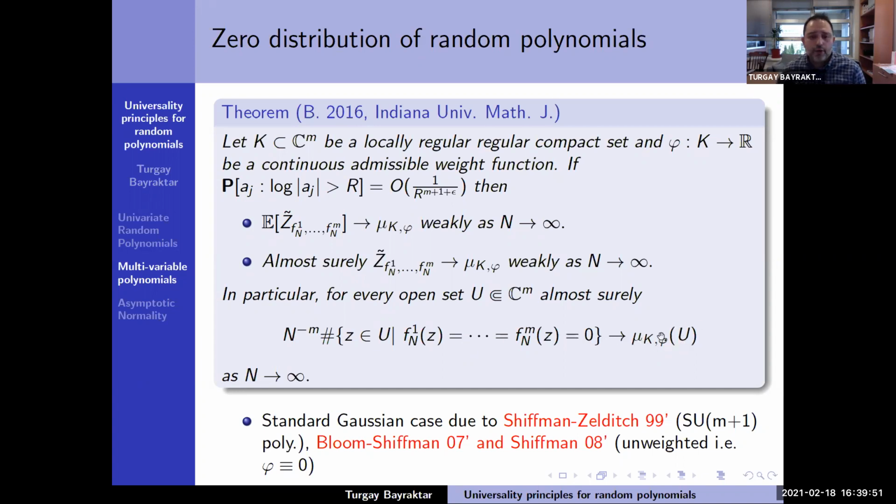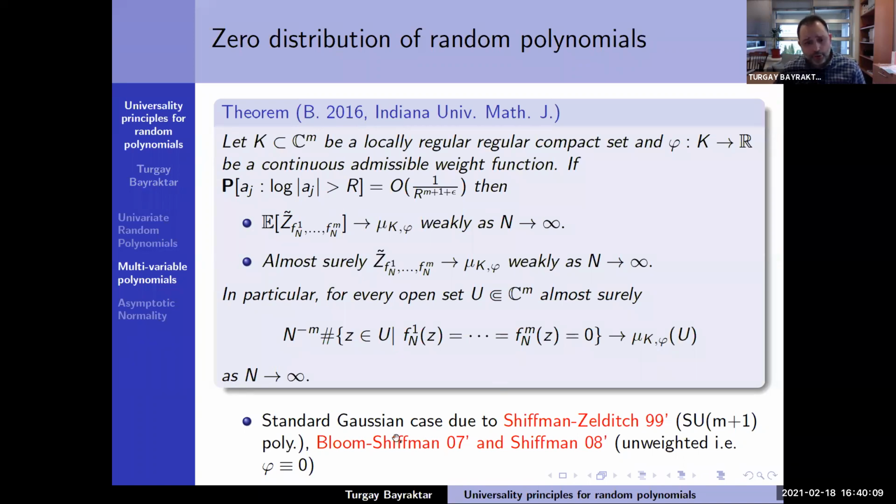So for a typical system, in terms of this probability space, you expect to have this many zeros in that neighborhood.